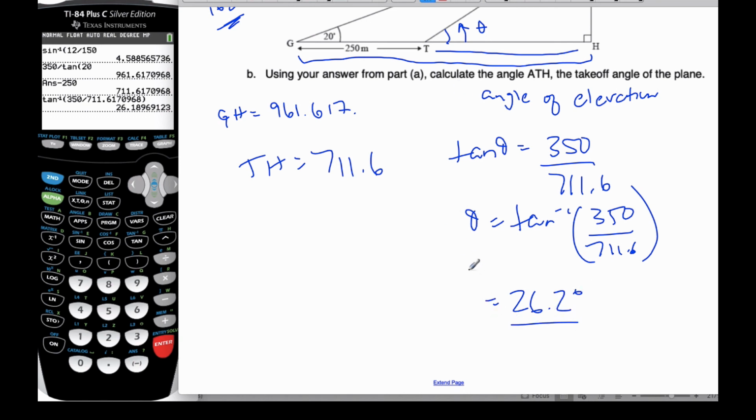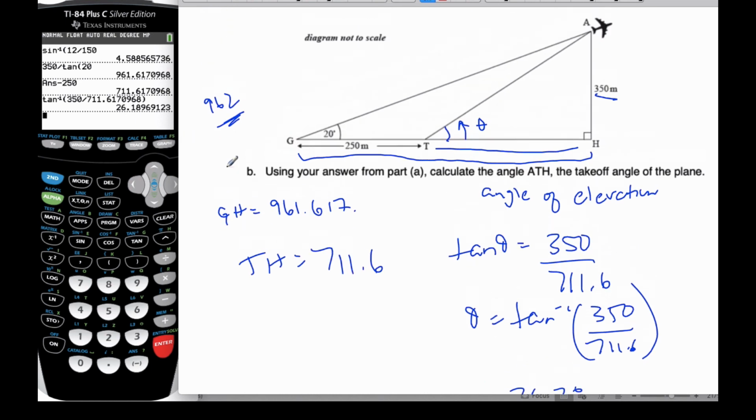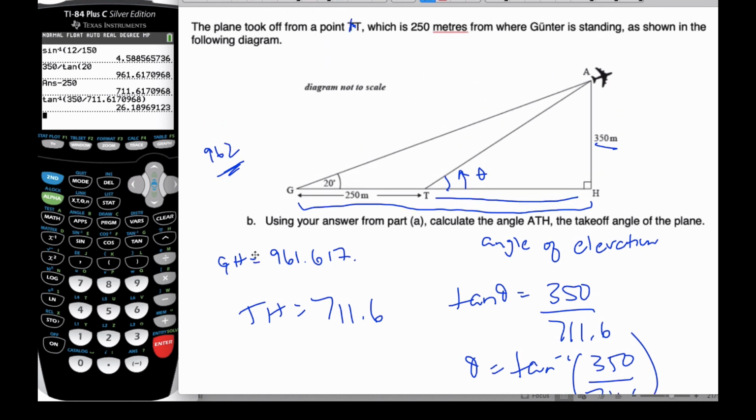That is angle T that I'm looking for. If you don't keep all your decimals, sometimes this rounds to the wrong spot. So be careful with your decimals, and there's your problem for the day.